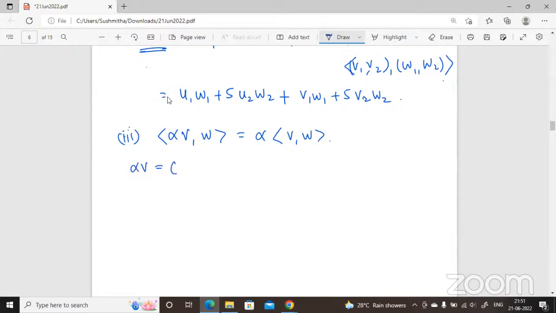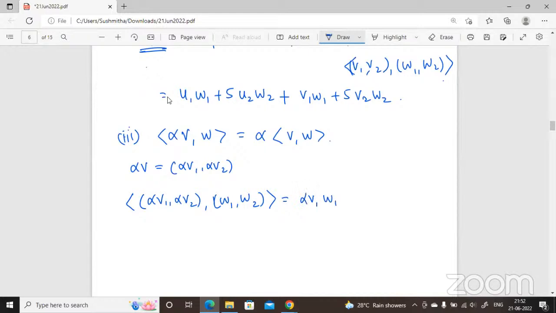Alpha into (V1, V2). So alpha V1, alpha V2, comma W1, W2, gives alpha V1 W1 plus 5 into alpha V2 W2.